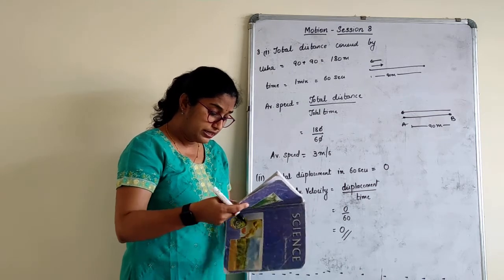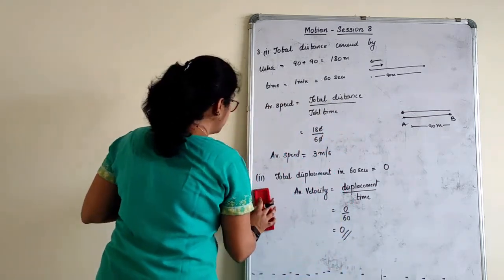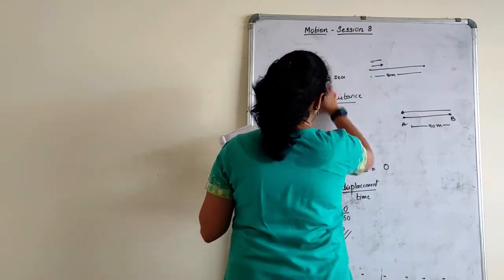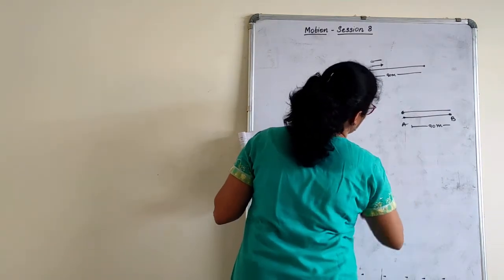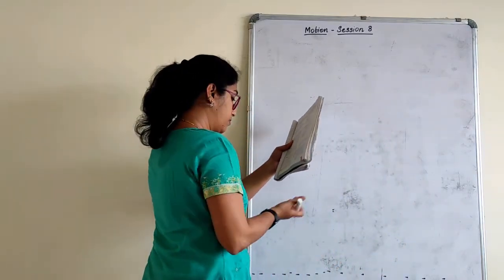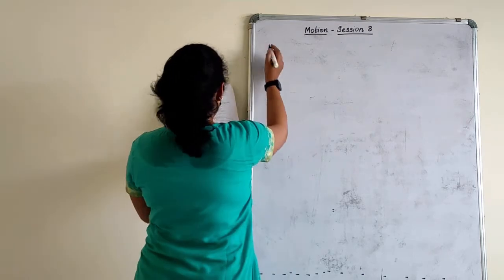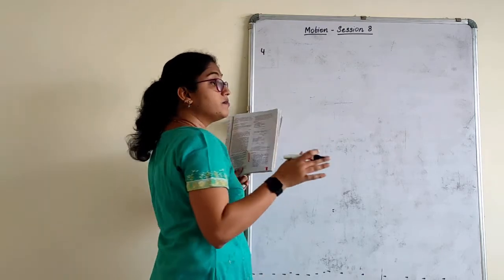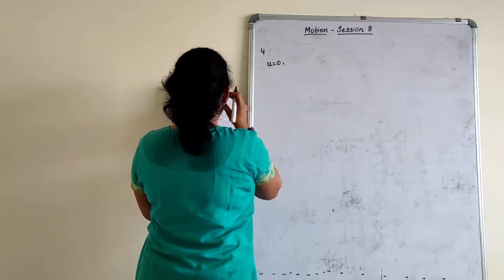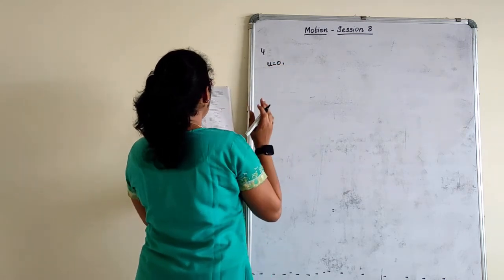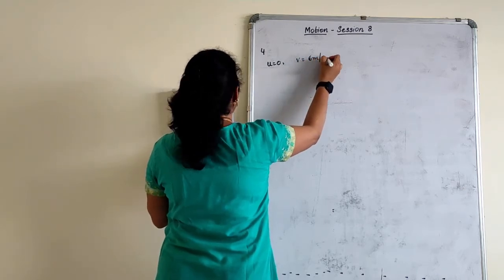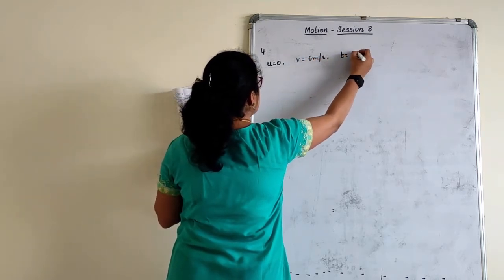Page number 103, fourth one. Fourth one in the sense 8.4. Starting from stationary position, that is u is equal to 0. Rahul pedals his bicycle to attain a velocity of 6 meters per second in 30 seconds.